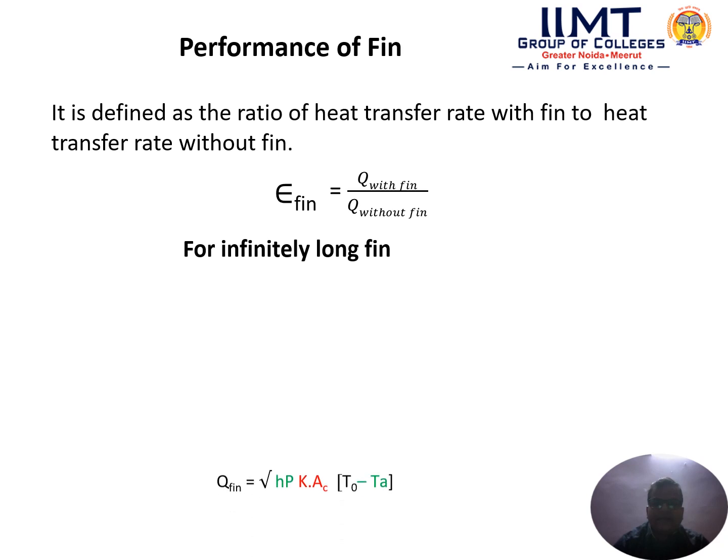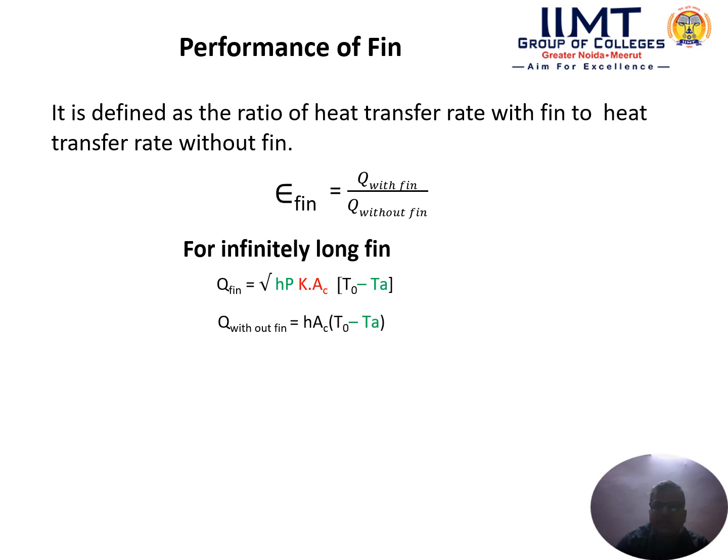Clear? In that case, q fin is equal to under root HPKAC into T naught minus TA, already calculated for case number 1, and the value of q without fin is equal to HAC into T naught minus TA, already explained for this expression in the last slide, where AC is the cross section area.